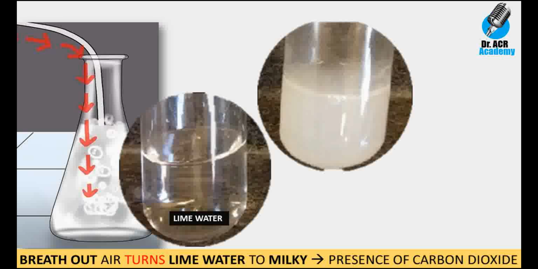Next, exchange of gases in the earthworm. Earthworms also do not have specialized respiratory organs like lungs. Instead, they take oxygen and expel carbon dioxide directly through the skin. The skin of the earthworm contains a thin layer of moisture and feels slippery to touch.